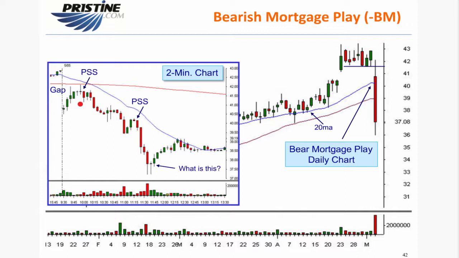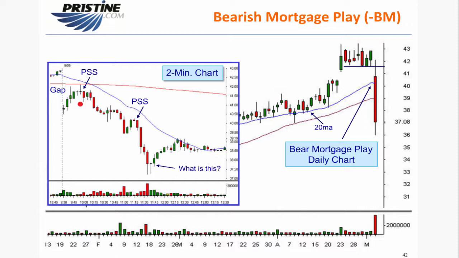So that was a really nice entry. After the gap down, you see how it retraced back up, gave you the sell setup, and then started to move lower. And so that, like I said, was really nice.